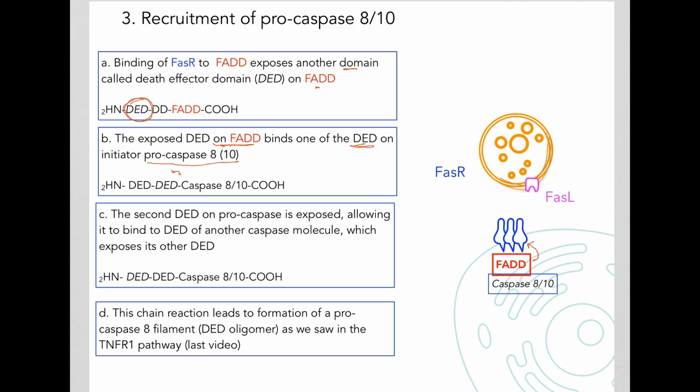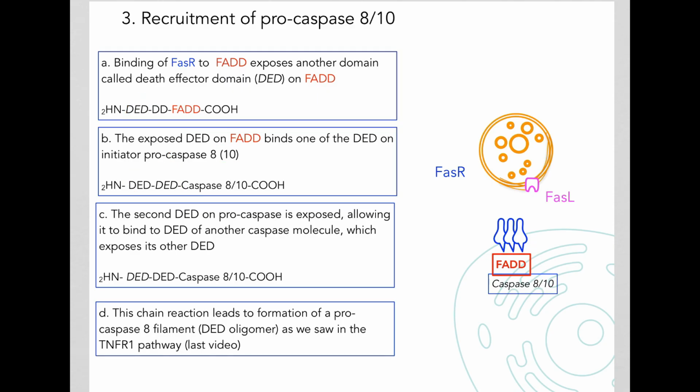So this pro-caspase 8 or 10 also has DD domains. So the DD domain of FADD will interact with one of the DD domains on caspase 8 or 10.